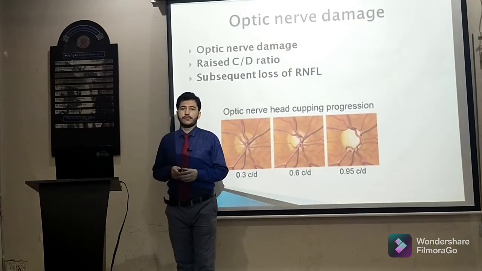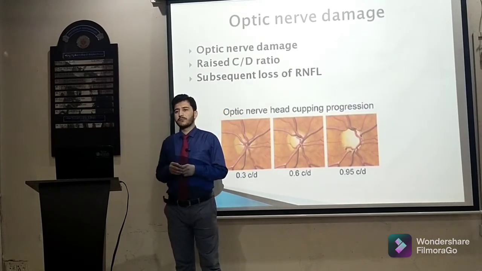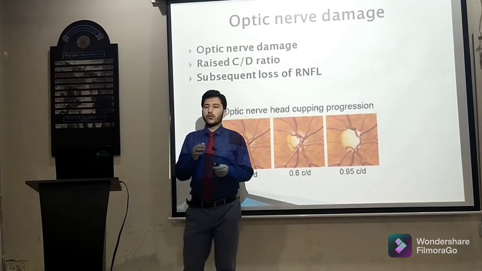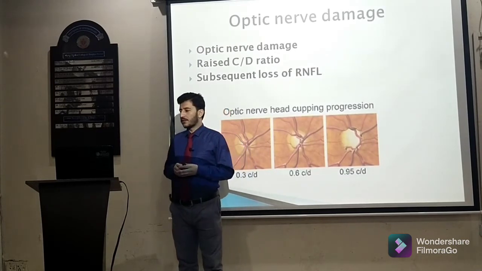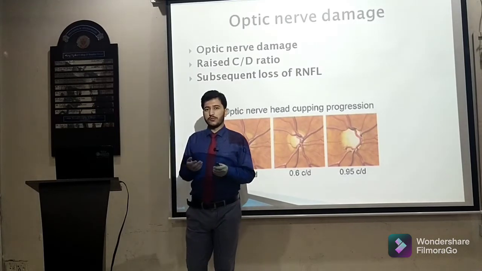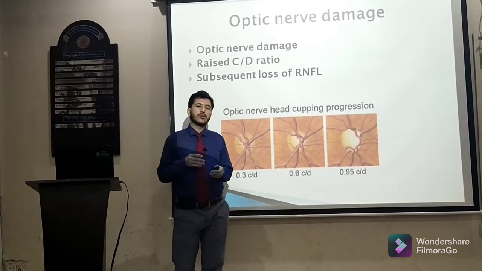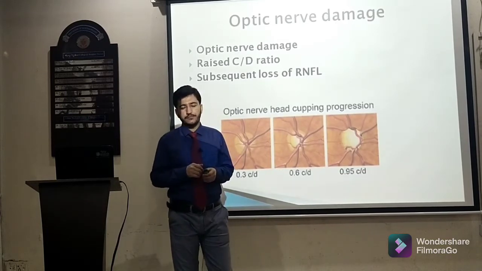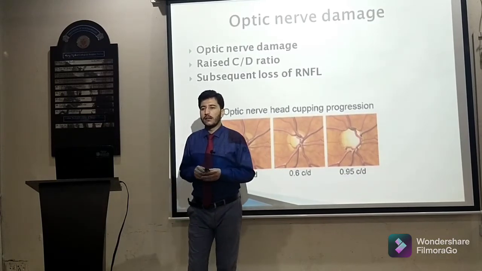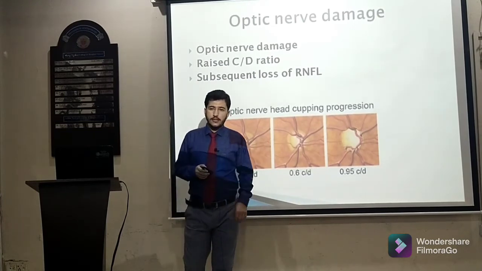The optic nerve damage that we have in glaucoma is characteristic. Actually, glaucoma is an optic nerve disease in which there is raised cup disc ratio, or raised CD ratio, and subsequent loss of retinal nerve fiber layer, or ganglion cell death.